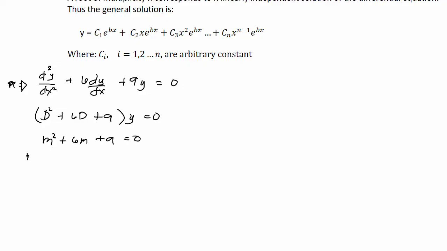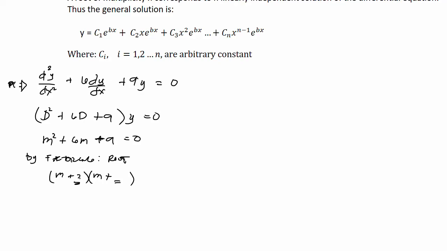Then, by factoring to find the roots, we need a factor pair such that when we multiply the two numbers, our answer is 9, and when we add those two, our answer is 6.